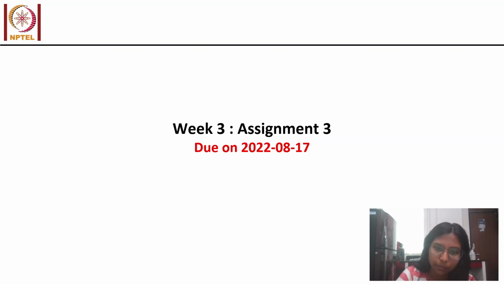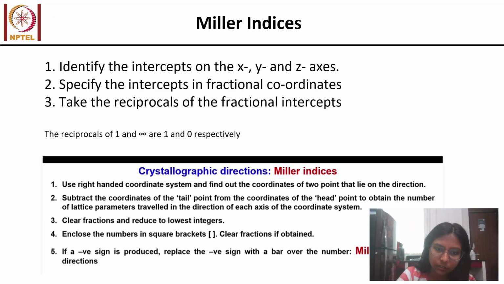Your assignment 3, we were discussing this. It is about how to understand the Miller indices. Basically, we have to take the intercepts and then take the reciprocal of that. As we know, the reciprocal of 1 is 1 and the reciprocal of 0 is infinity.